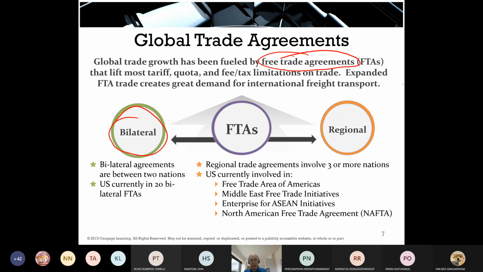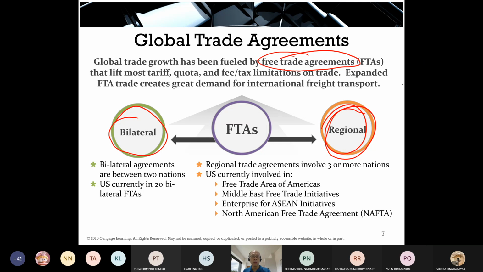But if this happens between more than two countries, like what you see in the EU, the European Union works as a regional free trade agreement. By lifting all the tariffs and all the tax, basically you can walk between those countries without a border at all.